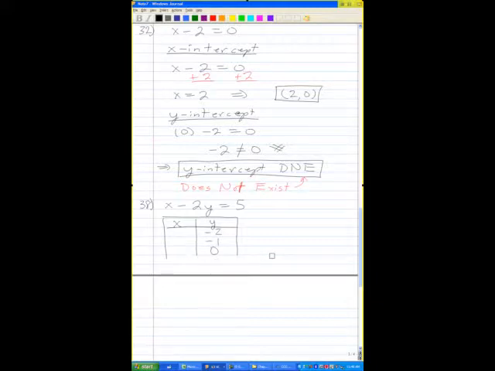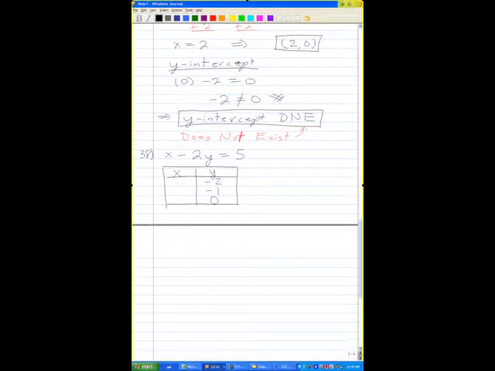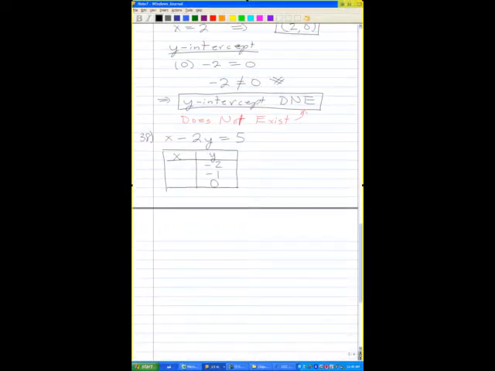And so let us try to determine x corresponding to those 3 different y's. So x minus 2 times negative 2 equals 5. So x plus 4 equals 5. Subtract 4 from both sides. And so you get x equals 1.